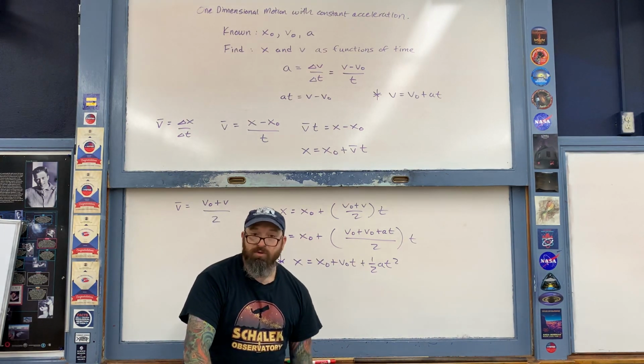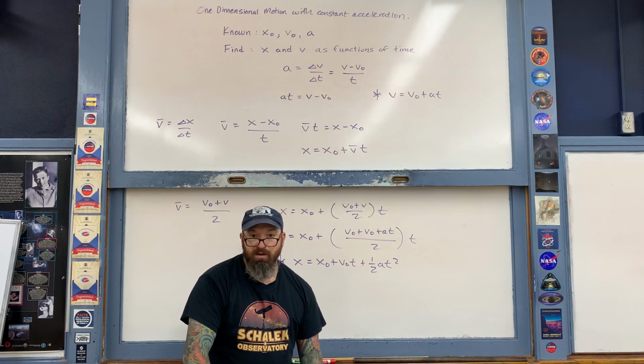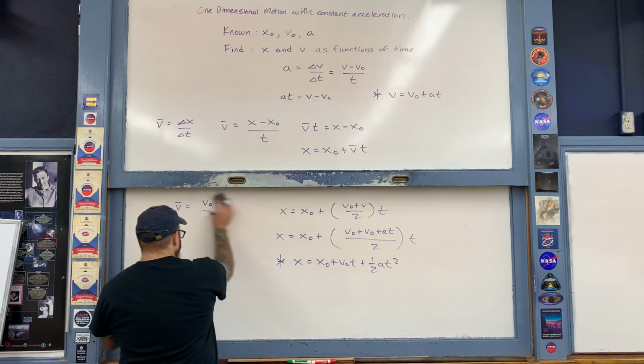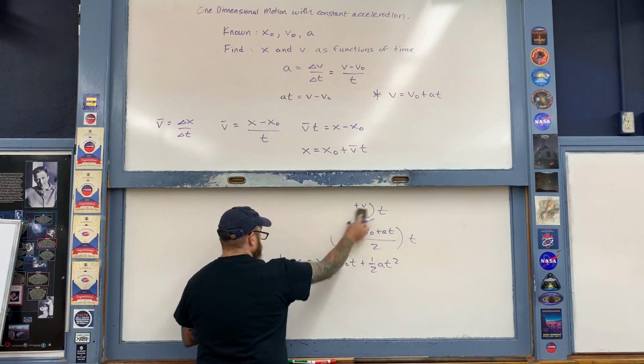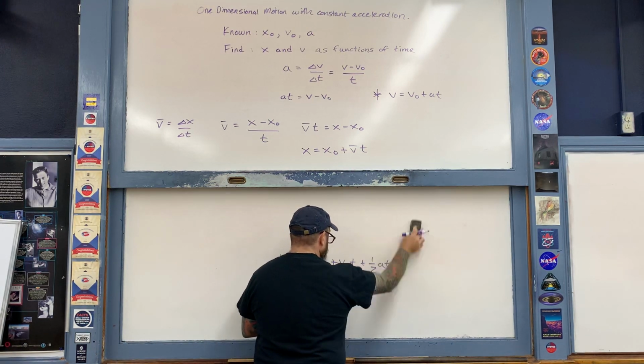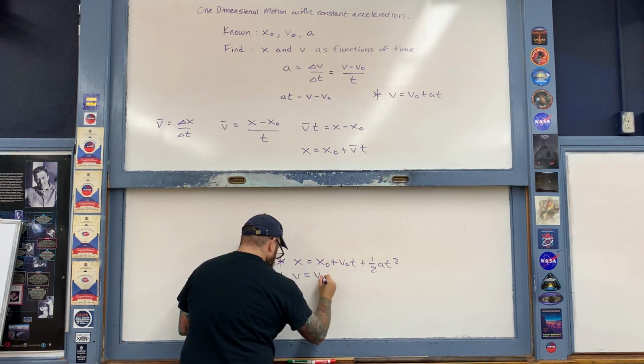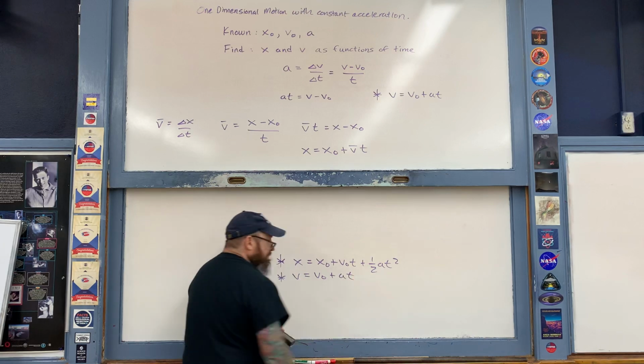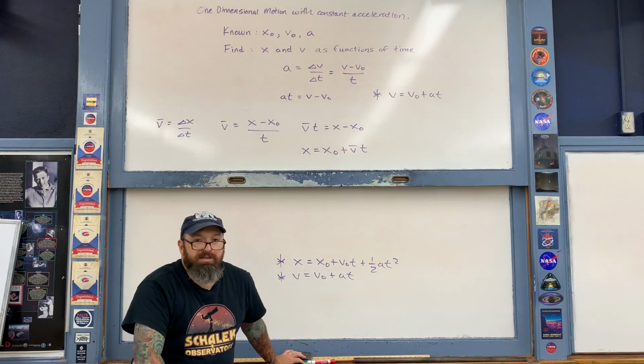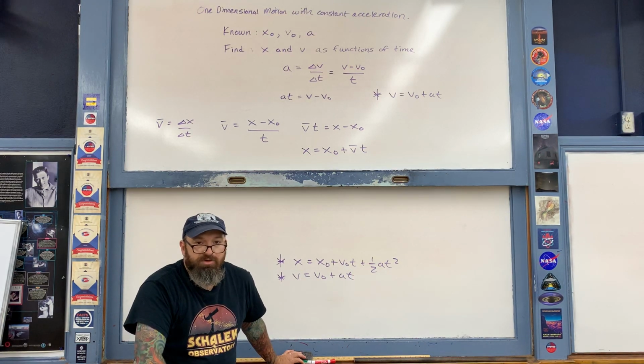Let me go ahead and summarize the 2 equations that we have here thus far. These 2 equations here are a complete description of this simple type of motion, one-dimensional motion with constant acceleration.